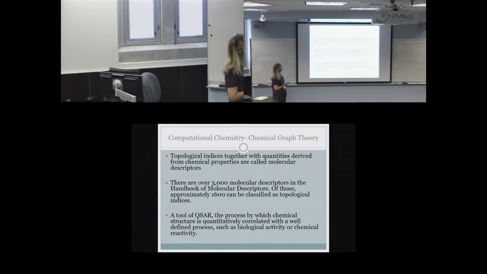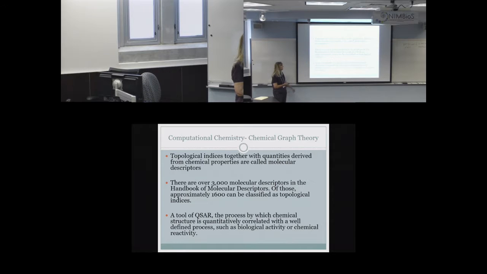So topological indices are used extensively. We don't say chemical graph theory as much now. We say computational chemistry. And computational chemists use these QSAR models, where QSAR is quantitative structure-activity relationship.